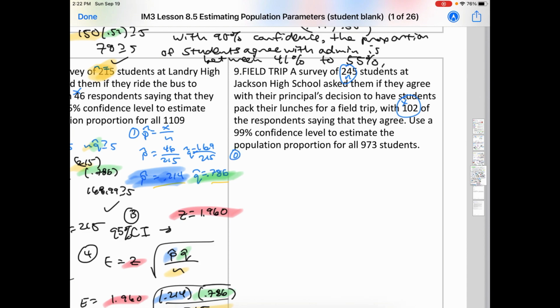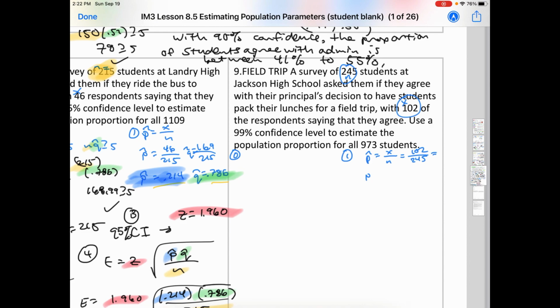Okay, step 0, we're going to check the conditions, but in order to do that, I'm going to have to figure out p hat. P hat is the success over n. And my x value there is 102, and the sample, pay attention, not the whole school, just the sample is 245.